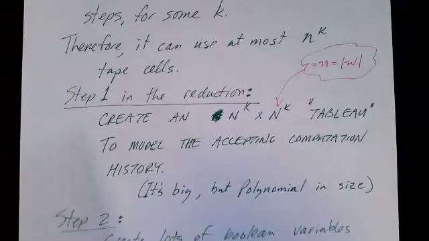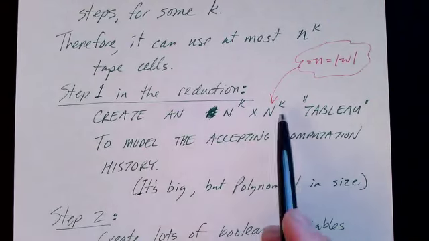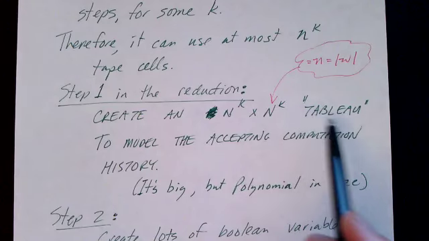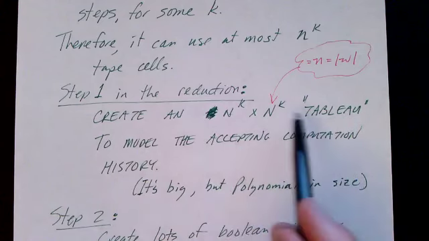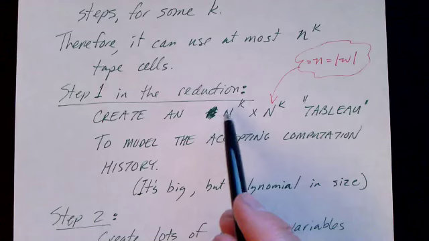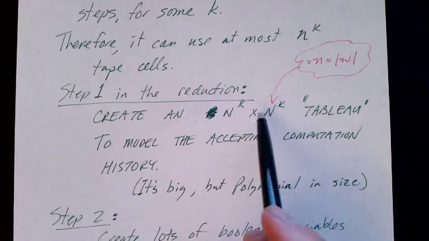So what we're going to do is imagine creating what we call a tableau. This is an array, and on the next slide I have a picture of it. And this table, if you will, is going to be big. It's going to be n to the k times n to the k cells big.